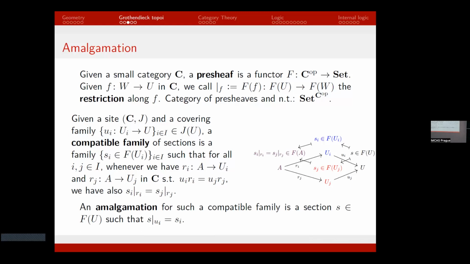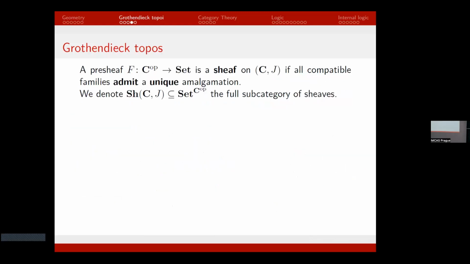So this is what the gluing will be. Now the definition of sheaf is relatively easy, because we say that a pre-sheaf is a sheaf if every compatible family admits one and only one amalgamation. So this is exactly the lifting of what was happening before.